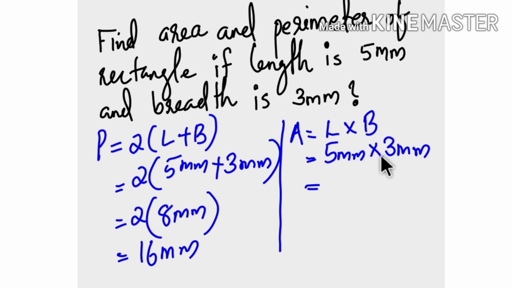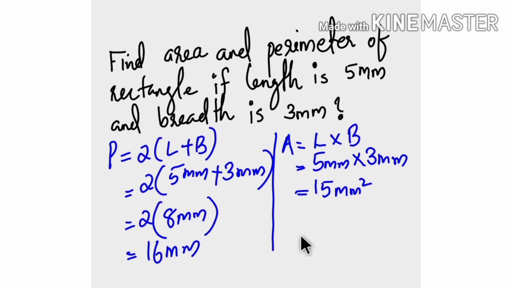So 5 into 3 is 15. Millimeter into millimeter means millimeter square.